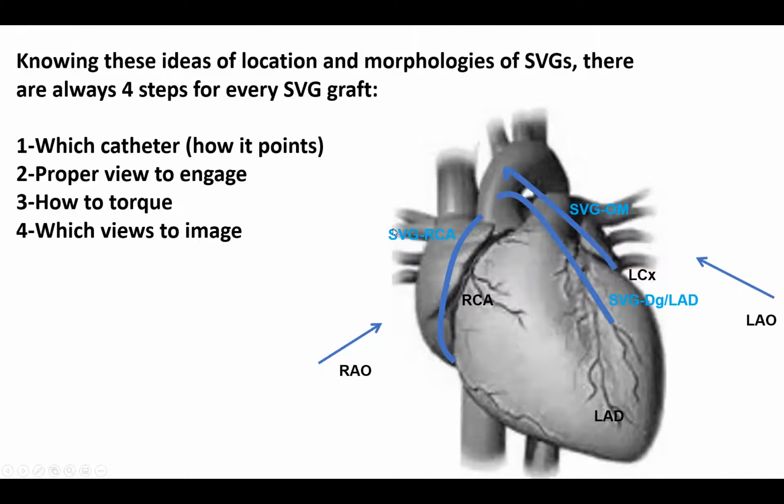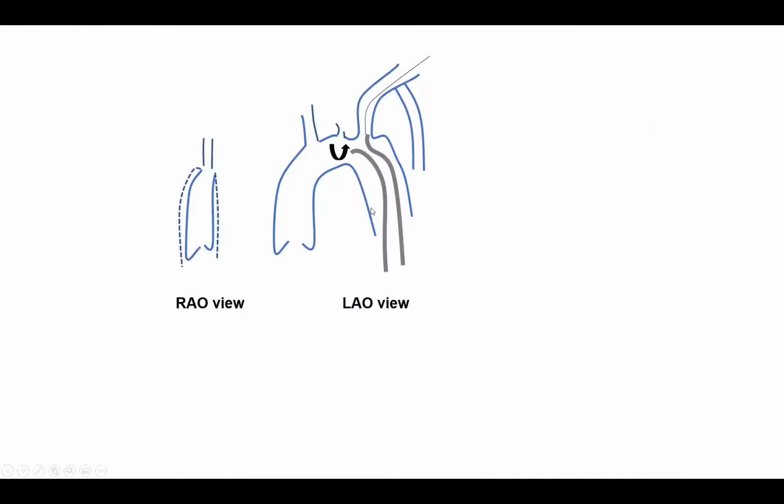So you have to do LAO view. This is how, in RAO view, it will superimpose ascending and descending aorta. It will jumble everything together and all the supraaortic vessels together. You don't know where to point. LAO opens them up and you know how far to pull back to get in the subclavian.